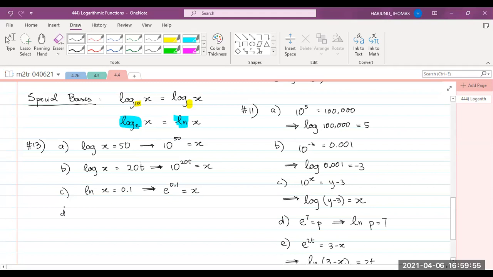Now part D, natural log of w equals 4 plus 3x. So the base is e, the exponent is 4 plus 3x, equals w.